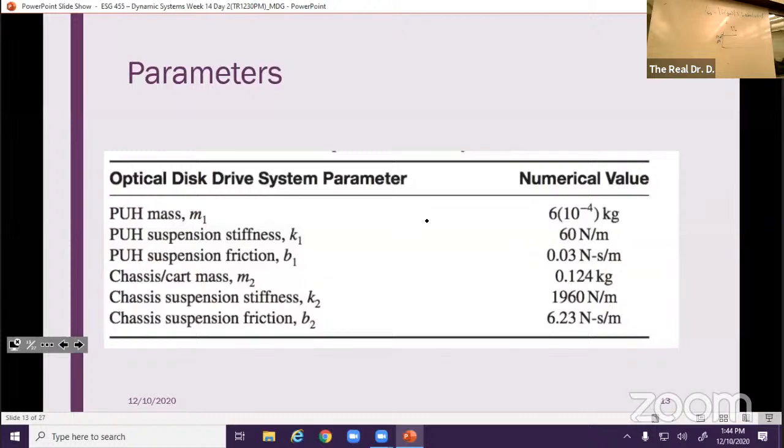Okay, so here's our parameters. We've got our mass, our stiffness, and our damping for both the pickup head and the chassis. And so what we're going to do is we're going to go back and calculate A, B, C, D, E, F, G, and H. That's what we're going to do.